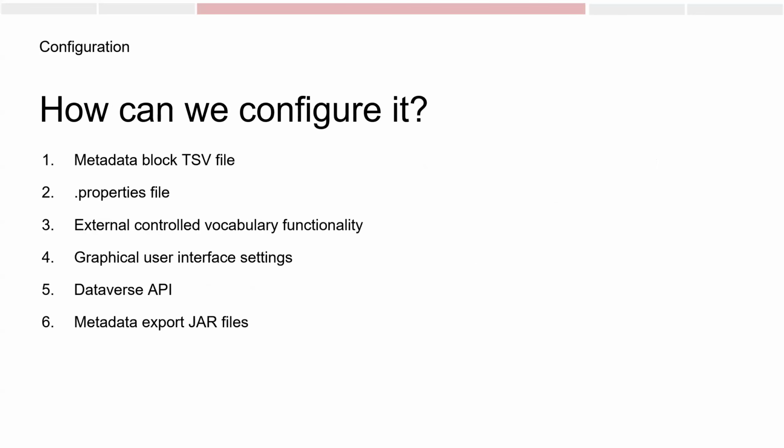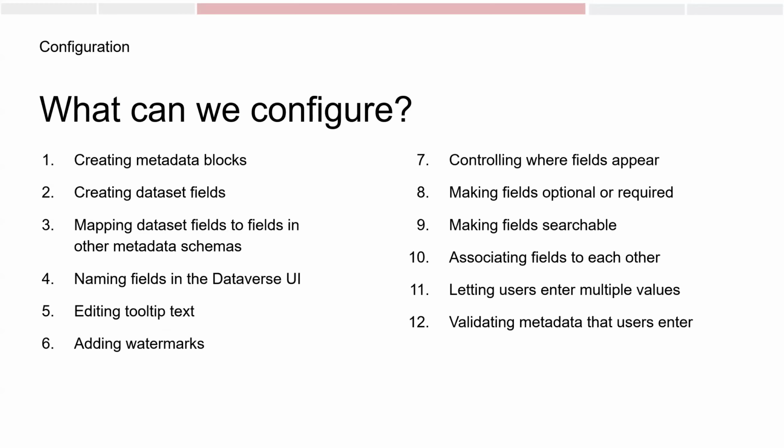I tried to break those two things apart. But there are different ways of creating metadata fields, creating metadata blocks, controlling how the blocks behave, how users can use them. And we'll be going through each of these, as we go through how we can configure different properties of the metadata blocks and metadata fields within those blocks.